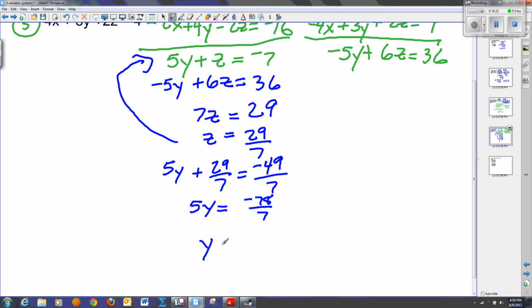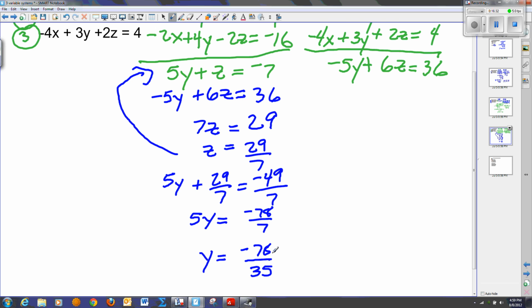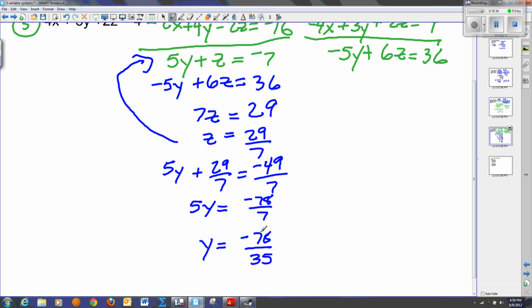And y equals negative 78 over 35. I'm hoping I didn't make a mistake because these numbers are nasty. So let's make that an 8.